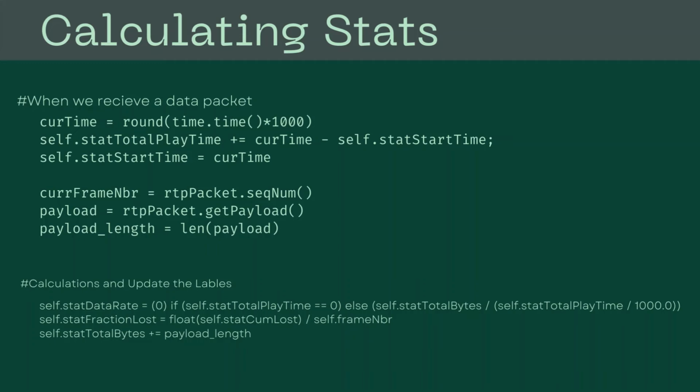Also, the fractional packet loss is calculated by dividing the cumulative loss by the current frame number. Also, we update the total bytes by adding the current length of the payload. All this calculation is done and the labels are updated in the GUI.